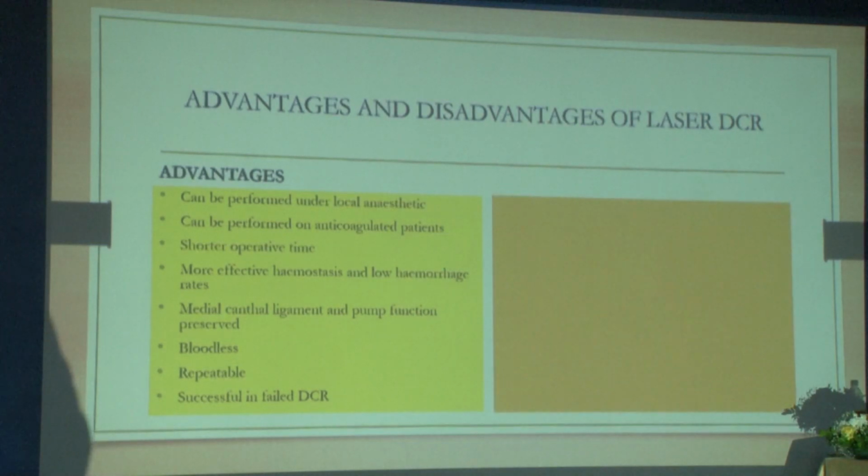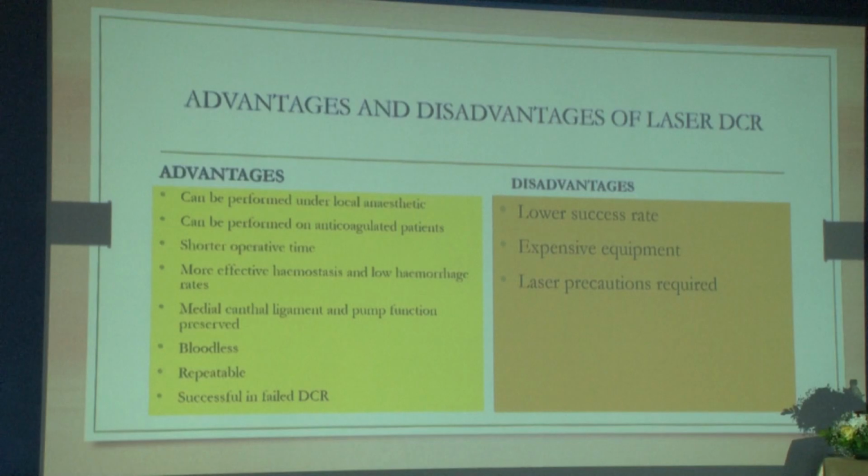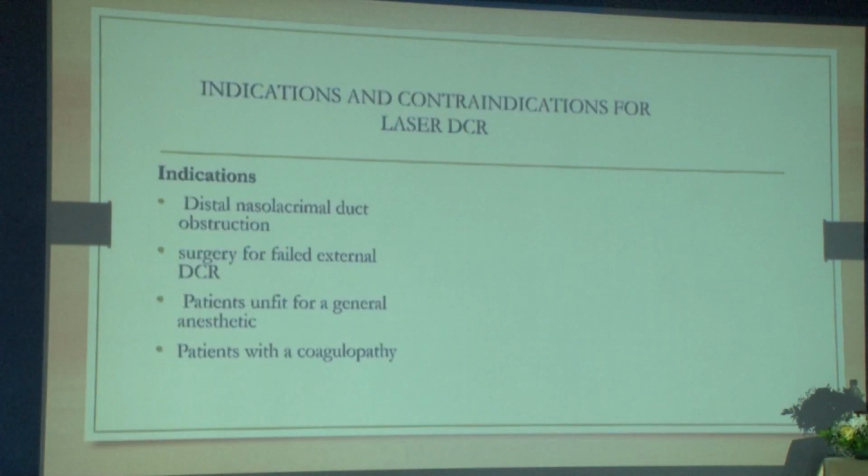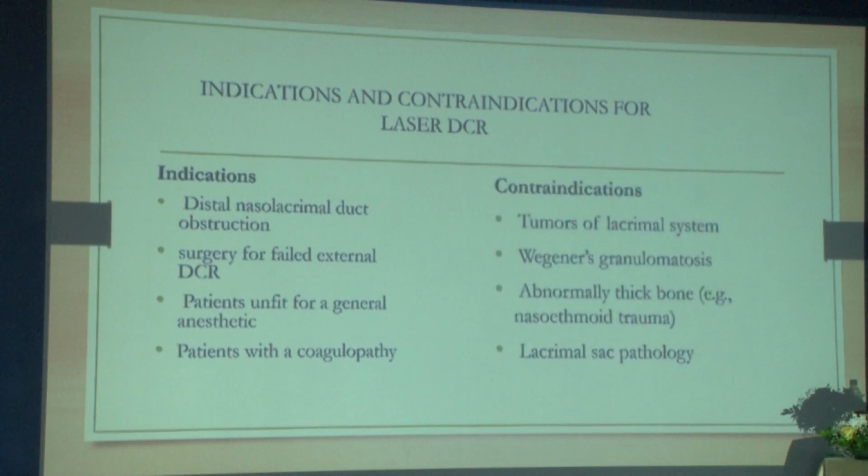The disadvantages are a sometimes low success rate, high cost, and the need for laser precautions. Indications for endoscopic and laser DCR are nasolacrimal duct obstruction, failed DCR, patients unfit for general anesthesia, and patients on anticoagulant therapy. Contraindications include suspected tumor, granulomatosis, thick or post-traumatic cases, or lacrimal passage pathology; it should not be done in these.